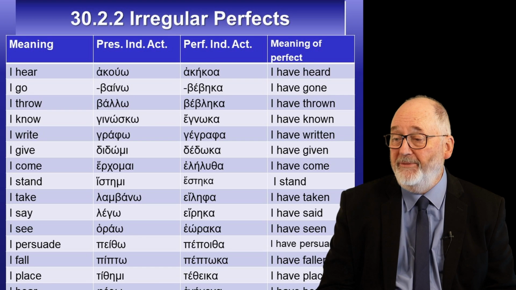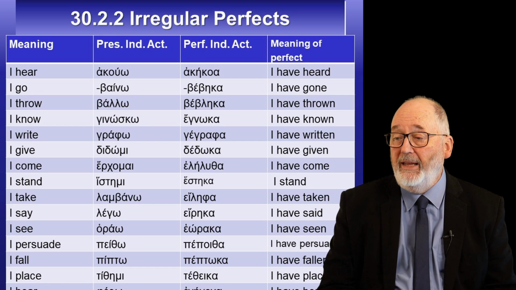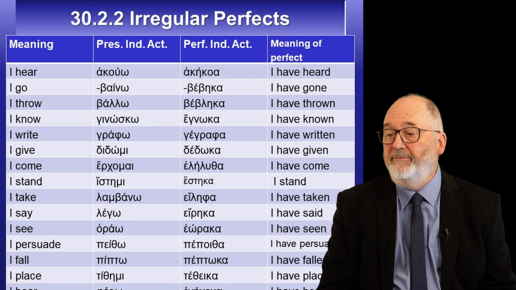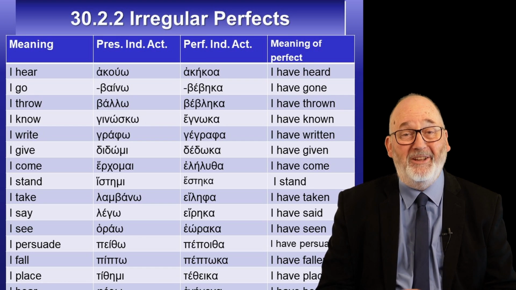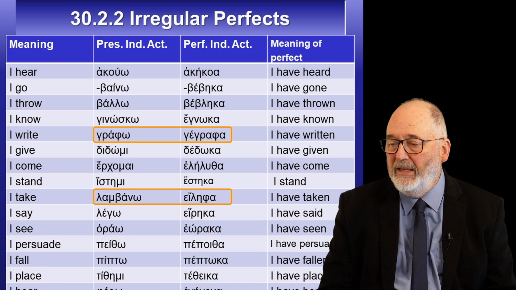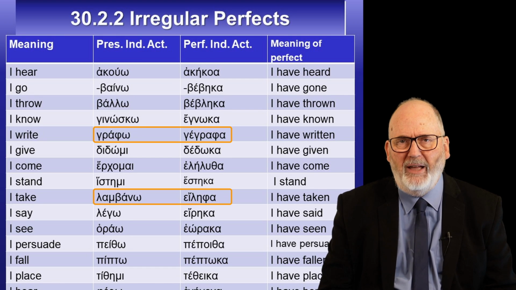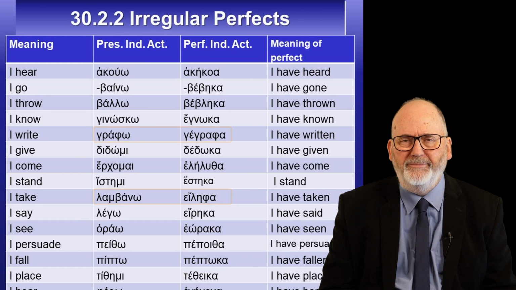Yes, you will see from that list that most of the perfect indicative actives end with a ka, although there are some notable exceptions. I'm going to particularly notice gegrapha and eilēfa. They finish with a fa rather than a ka.